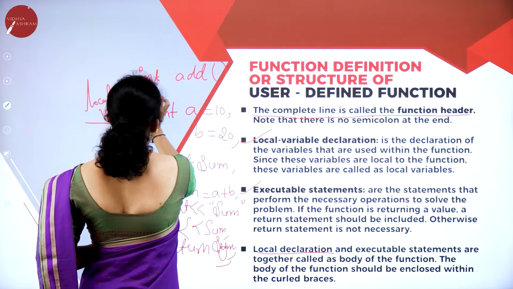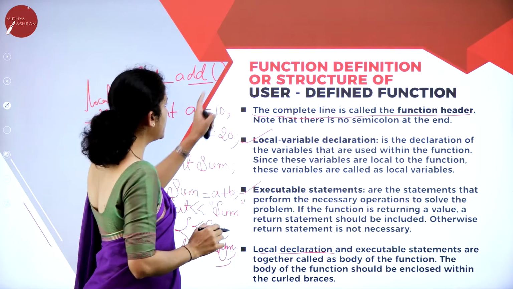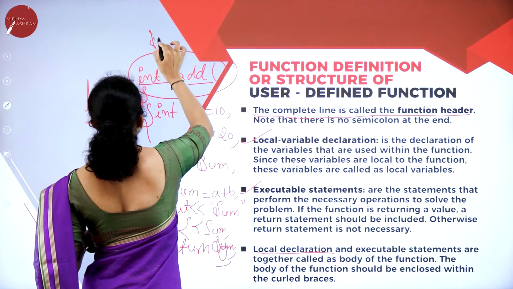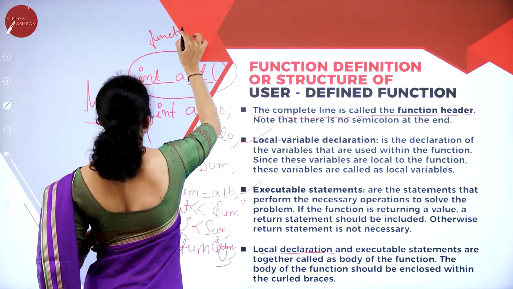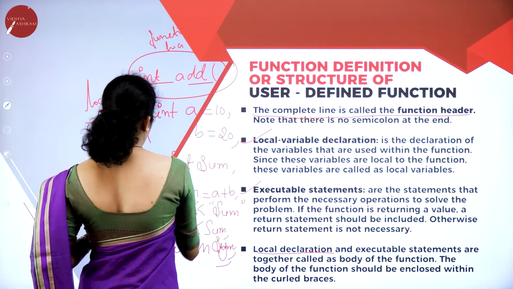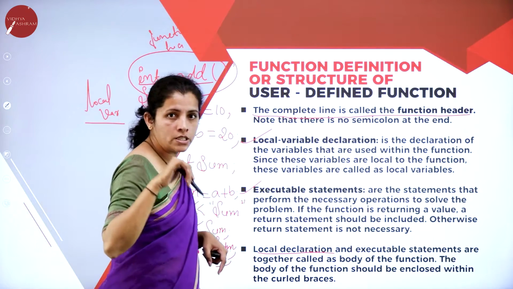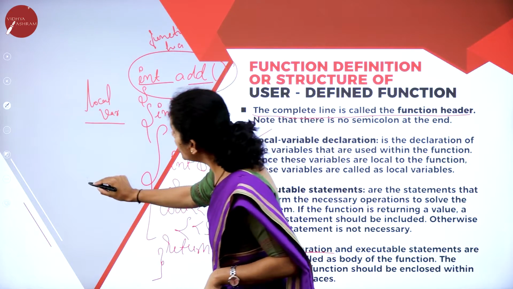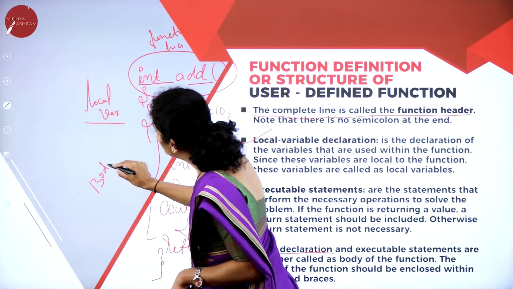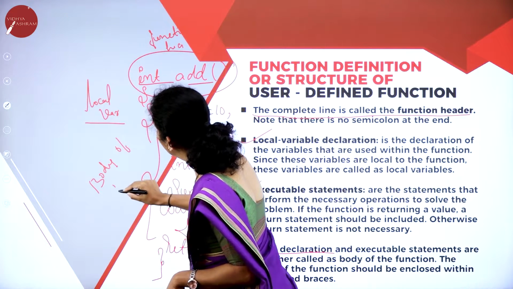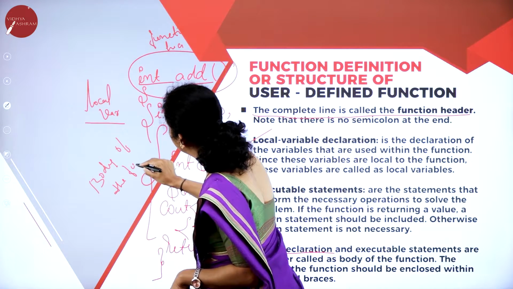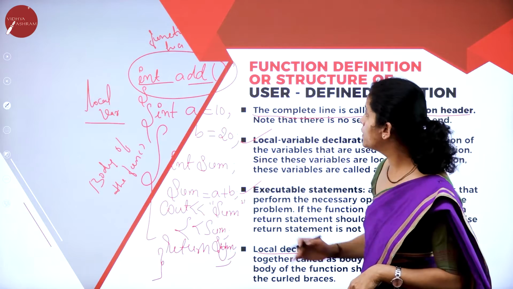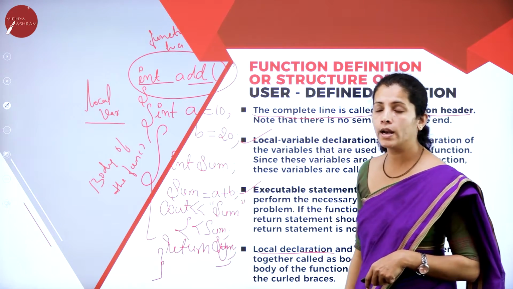So this int add opening and closing parenthesis is called the function header, and the lines which are present inside the function are called the body of the function. This is the way I can write my own functions in my program.